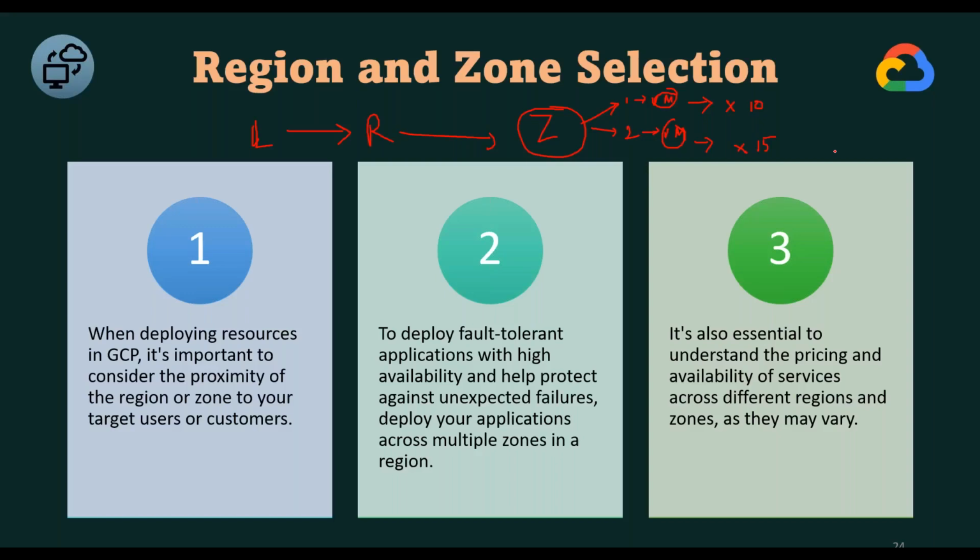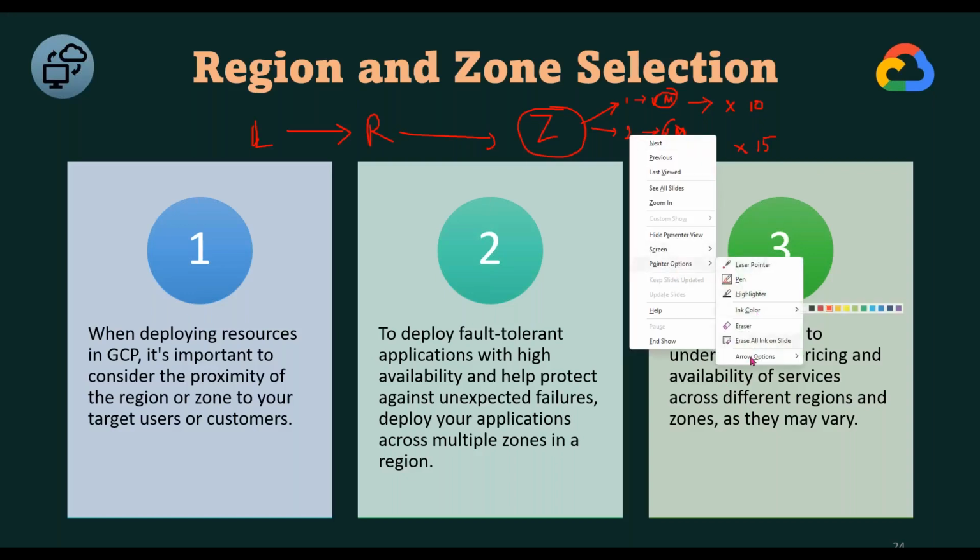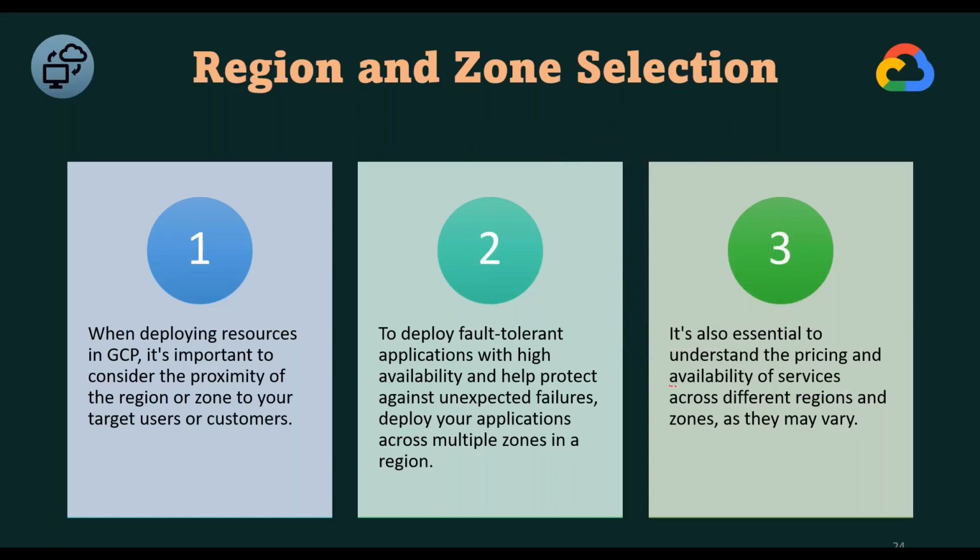And one more thing I want you to understand: that is the cost perspective. One more is the availability of the resources. So you have locations, regions, and zones, zone 1, zone 2. In zone 1, you have a VM. Do you think that in zone 2 you also have a VM? That is not for sure. Zone 1 will have some amount of resources, and zone 2 will have some amount of resources.